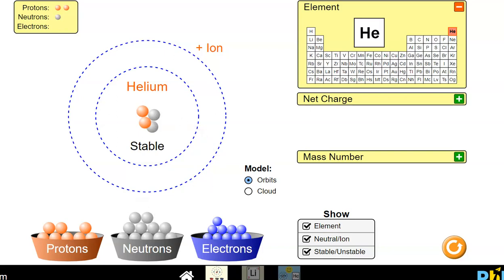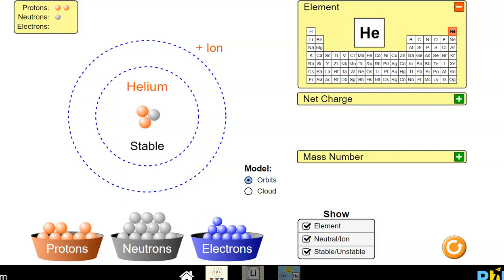Okay, let's add a second neutron, still stable, third neutron, and we're back to unstable again. So you can see that if there's too few or too many neutrons, that's what makes a nucleus unstable, and that will mean it's radioactive. So we can say that atoms are radioactive if they have too few or too many neutrons.